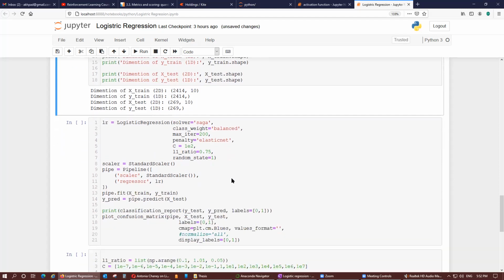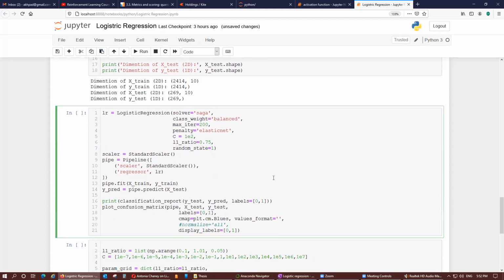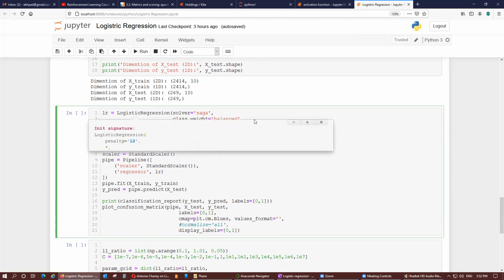Okay, now define the logistic regression. The solver here is Saga because we have used the penalty elastic net. There are multiple options for each variable, you can see over here.